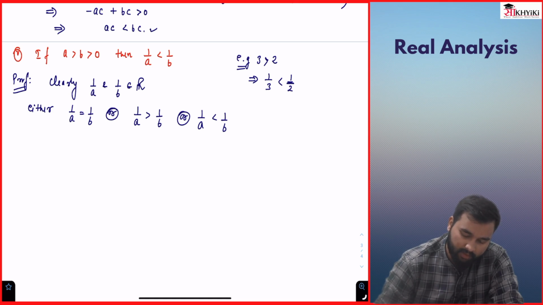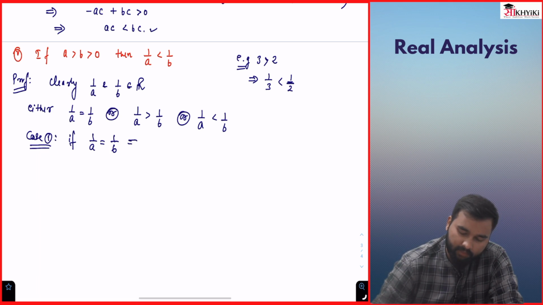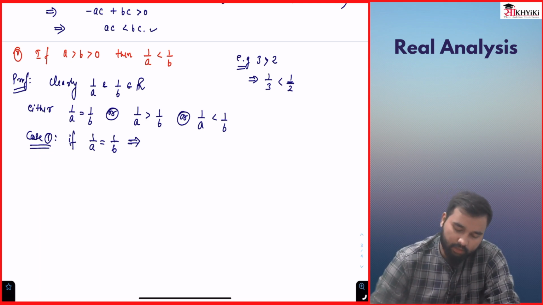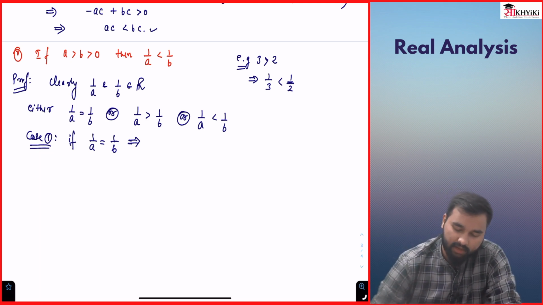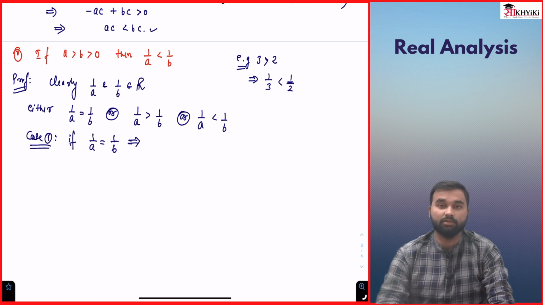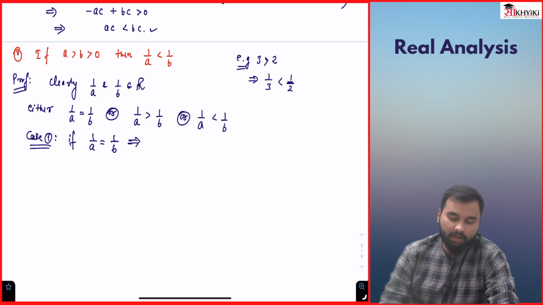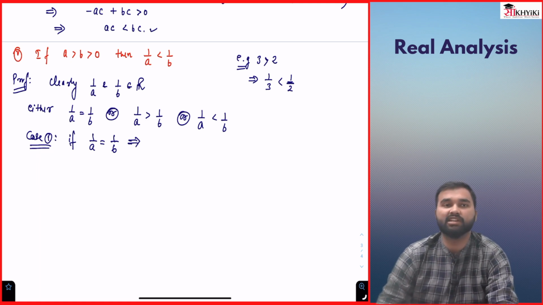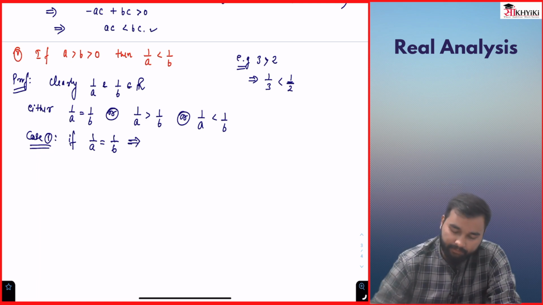In the first case, if 1 by A is equal to 1 by B, multiply this equality with AB on both sides. Since A and B are positive real numbers, the product of A and B must be greater than 0, since the product of two positive real numbers is again a positive real number.